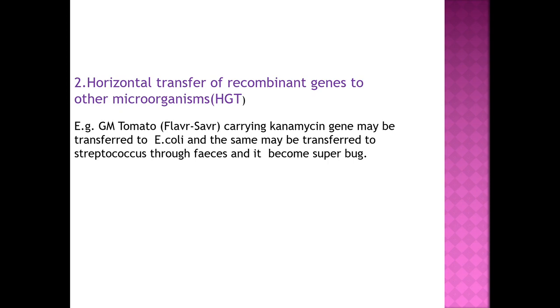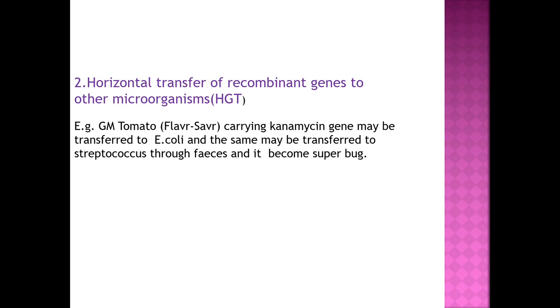The character of this flavr savr tomato is that this plant will neutralize the effect of one of the enzymes called polygalacturonase. We call it the PG gene, the polygalacturonase gene.